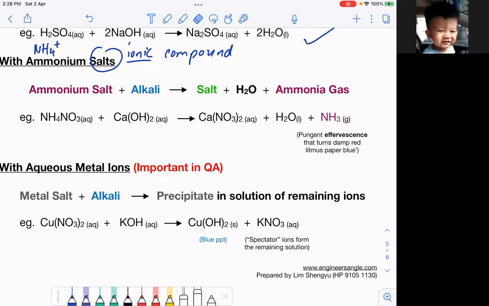This is the hardest part. Next week, I'll take 1 more lesson to complete what you need to know. So don't worry. Then by next week, we'll have finished acid and base already. So I think good enough if we master ammonium. As I said, this ammonium reaction is the hardest to learn because there are a lot of ions, a lot of polyatomic ions. In my example, I put nitrate, I put ammonium, I put hydroxide. So definitely not easy.